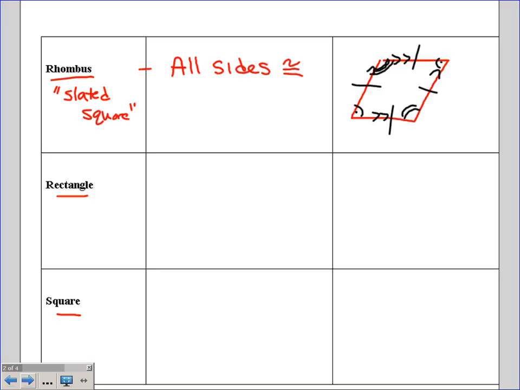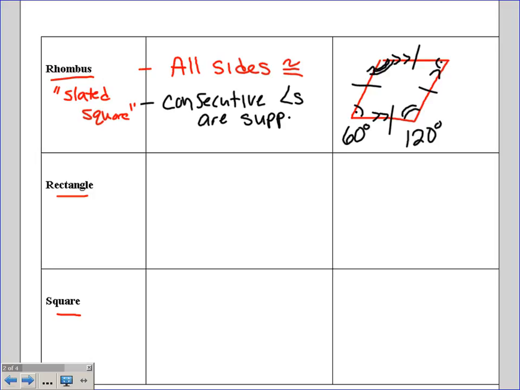Okay. If you really want to know, consecutive angles are supplementary. I'm going to write it that way. Consecutive angles are supplementary. So how that works is if this is 60 degrees, this one has to be 120 because they have to add up to 180. If this one's 120, well, this one has to be 60.